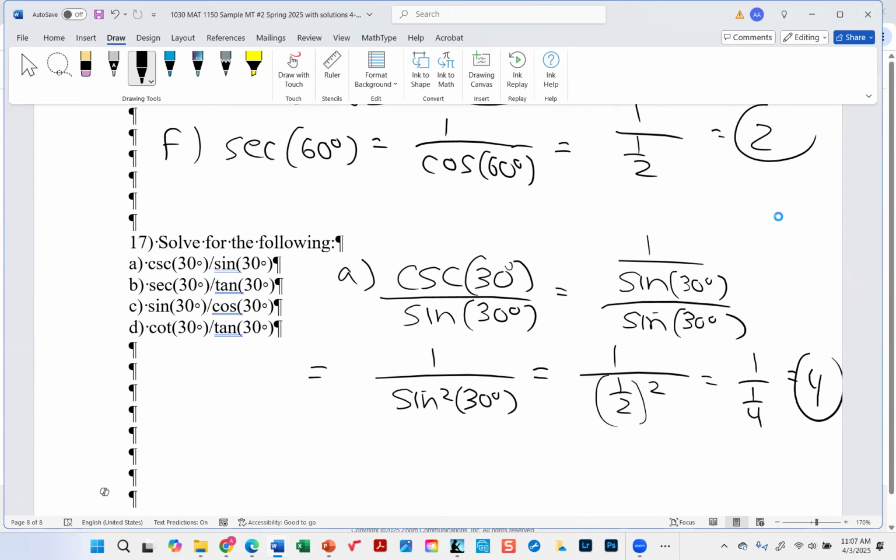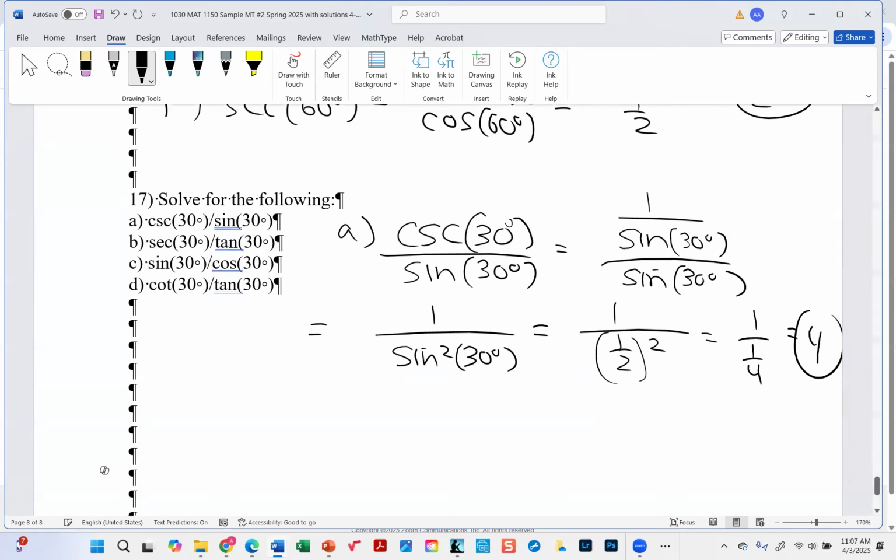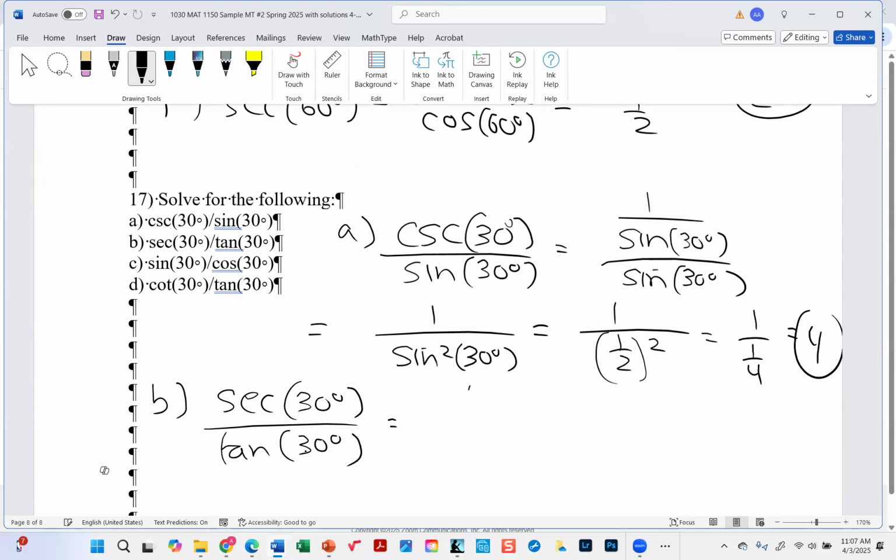I like that. Then we have, let's see, part B. Secant 30 over tangent 30. Now we can rewrite both of these. We might get some cancellations if we're lucky. Oh, sorry, what am I doing? It's not 1 over sine, it's 1 over cosine.